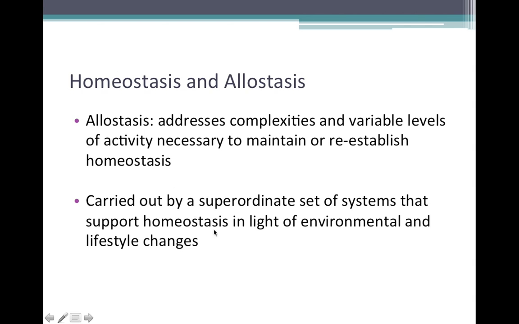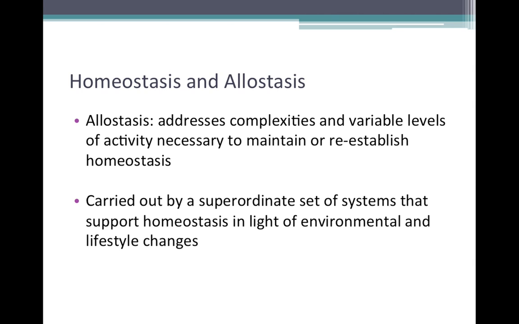Now, we talk about these allostatic responses as being carried out by a superordinate set of systems that support homeostasis in light of changes in the environment, whether external or internal. And superordinate means that they're at a controlling level.